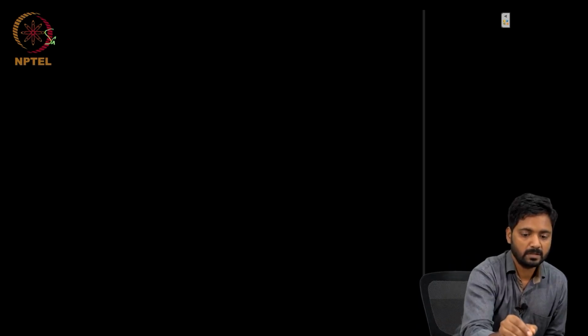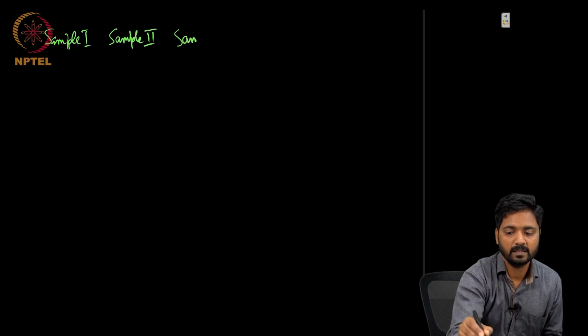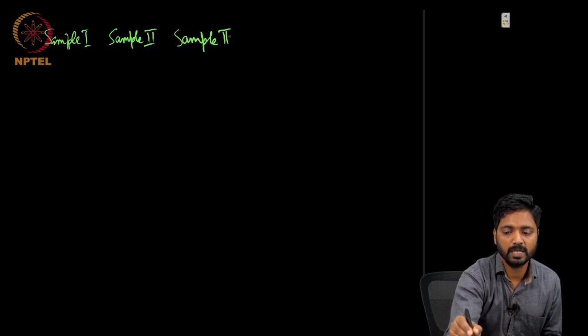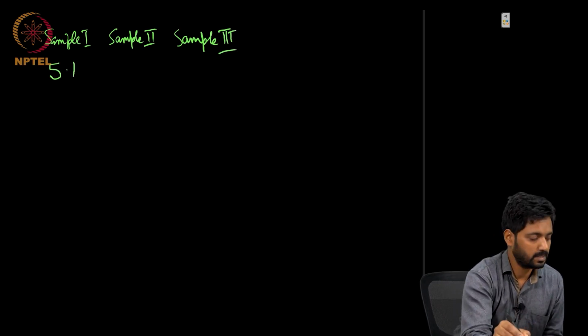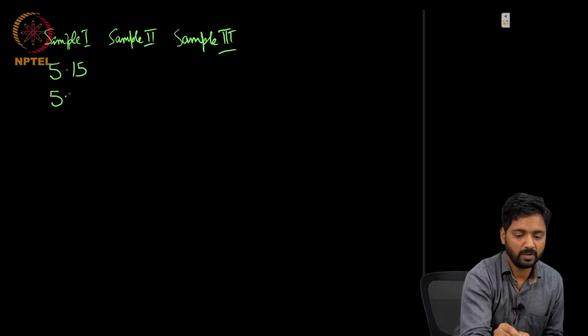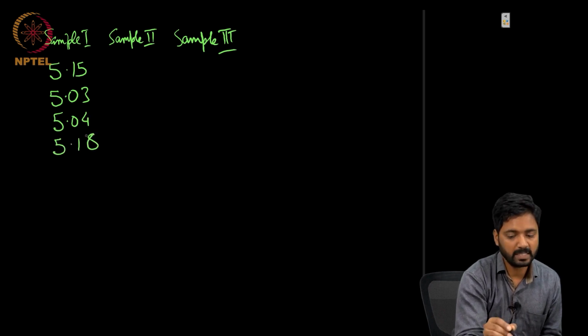Suppose we are dealing with sample 1, sample 2 and sample 3, and they have the readings as 5.15, 5.03, 5.04, 5.18 and 5.20.